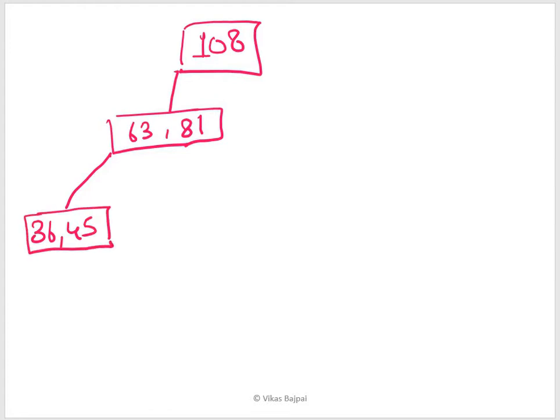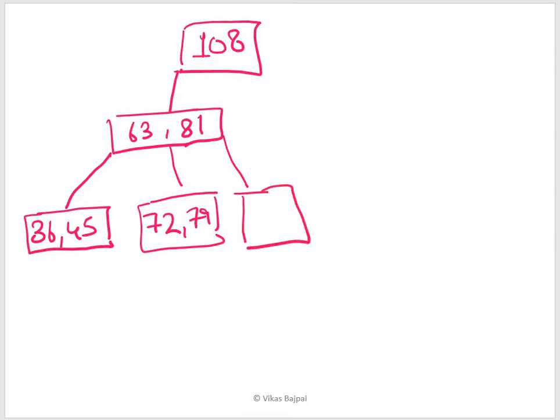So I'm putting commas in order to make things very clear, so visually it should be clear. 72, 79, then I have, let me add some more values to this side. I have 90, I have 93, I have 10.